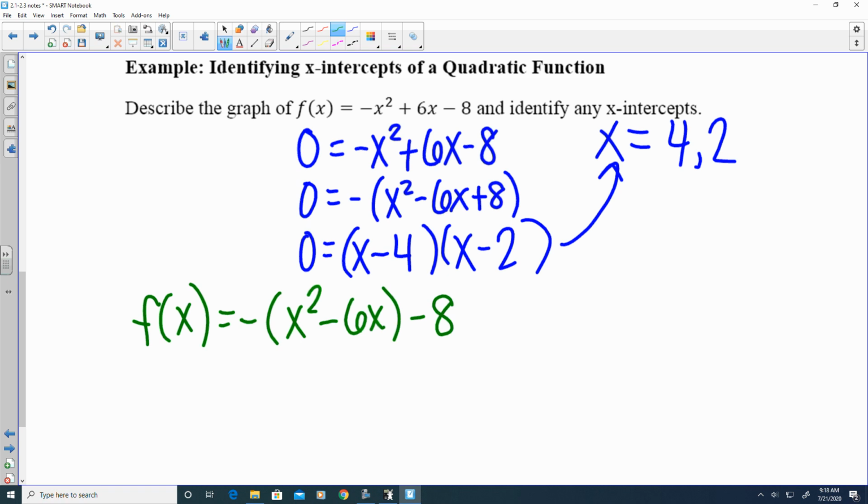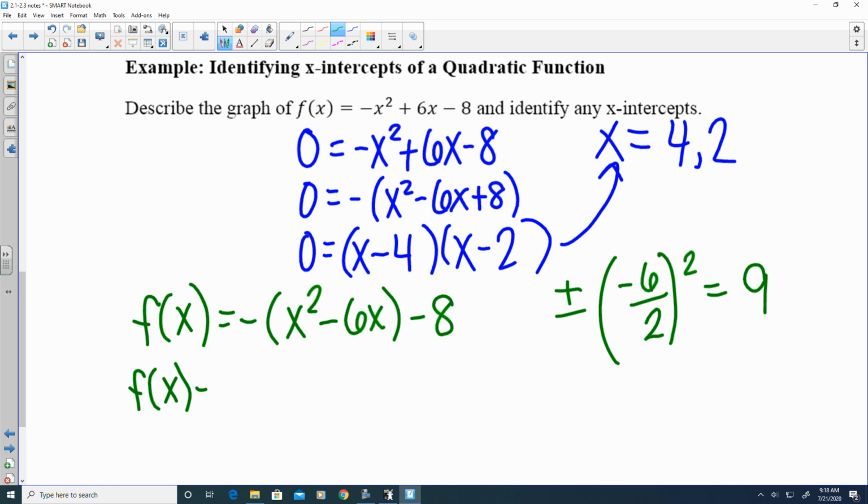And I'm going to do that b over 2 squared. Doesn't matter that the 6 is negative. Since we're squaring it, this is still going to become 9 that I'm going to add and subtract inside the parentheses. +9 and -9, because remember, that's really just adding 0. I haven't changed anything.